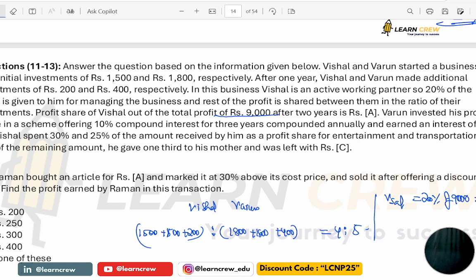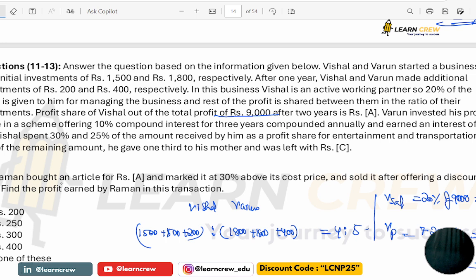And profit share of Vishal for his investment from the remaining 7,200, 4 by 9 is his profit share. So it is 3,200. Thereby total for Vishal is 5,000.